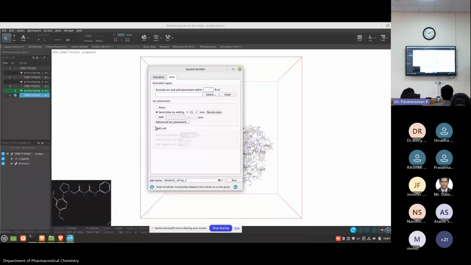For ionization, the algorithm is already capable of calculating by its own using that particular complex. Here we'll be using sodium and chloride, which are mainly important in our body. Then if you run, the model has been built.